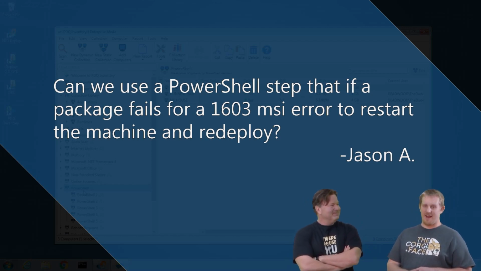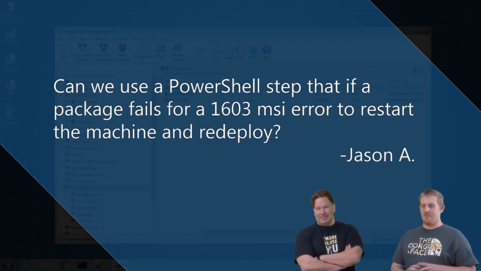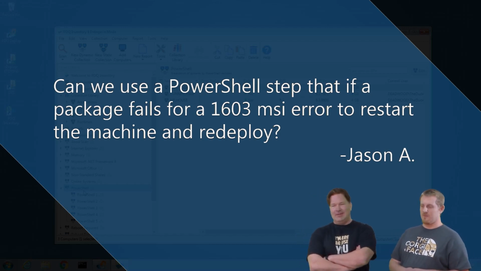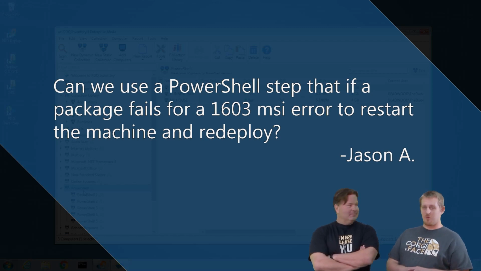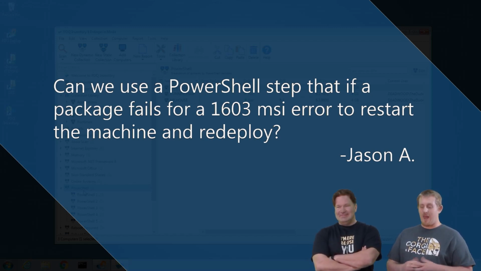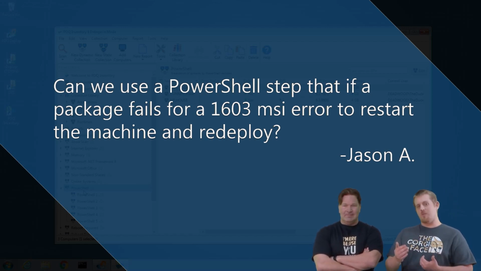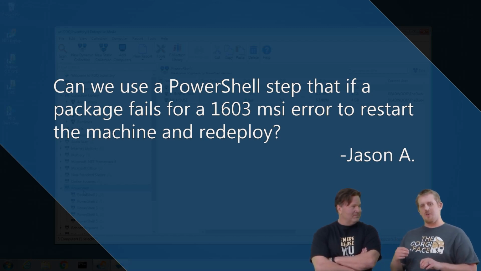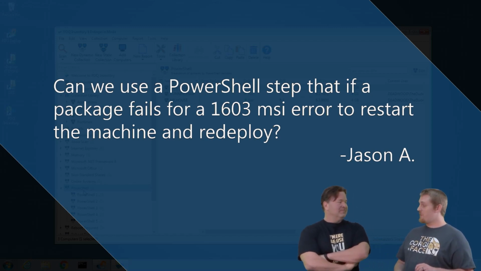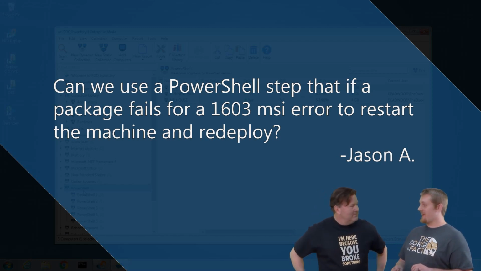There's something I've done in the past that is not clean. There's not a good way to do this, is what I'm saying. What I have done, and you may explore this, you may get frustrated and stop with this, and I don't blame you. What you can do is in the middle of a PowerShell script, I've done this for baseline and re-imaging machines in the past, you can actually pause where you're at and create a new scheduled task before rebooting the machine, and that scheduled task will then be set.